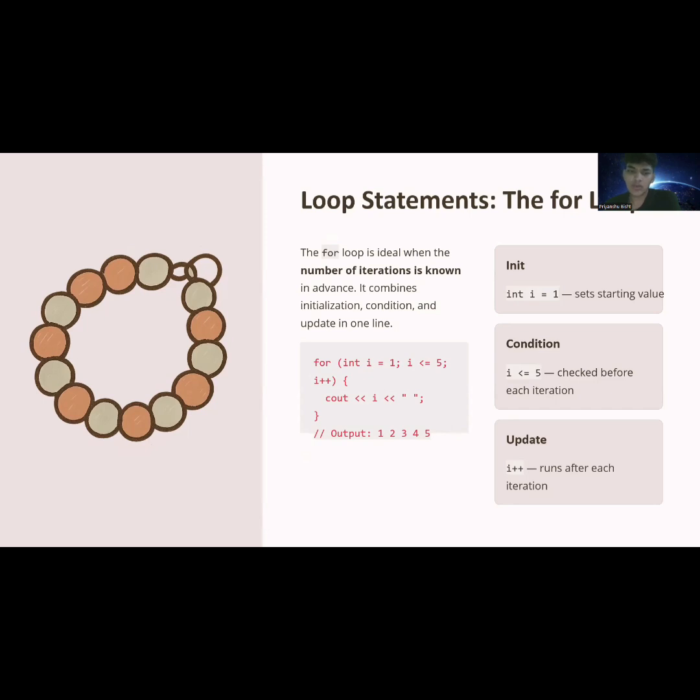In this example, the loop prints numbers 1 to 5. First we use initialization, like int i equal to 1. Then we use a condition, like i less than or equal to 5. And then we update, like i plus plus.